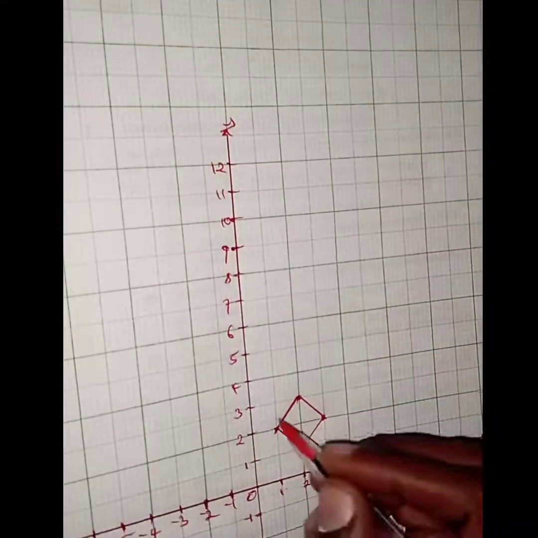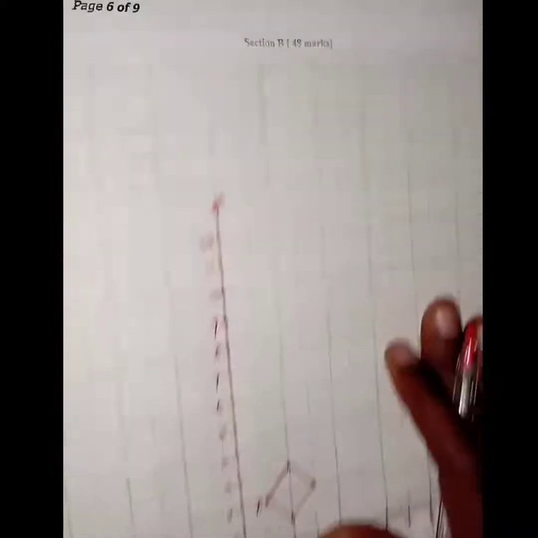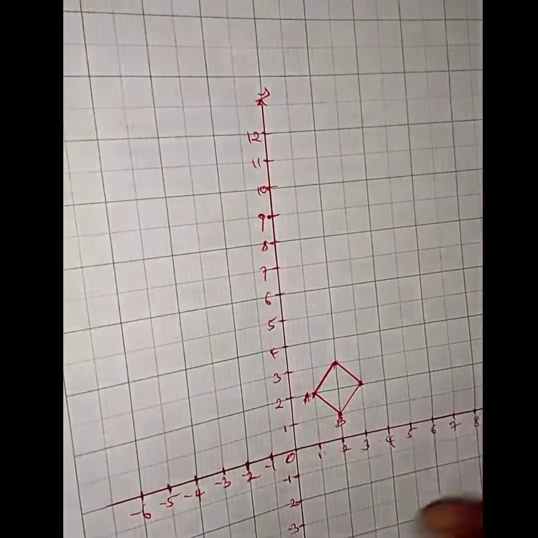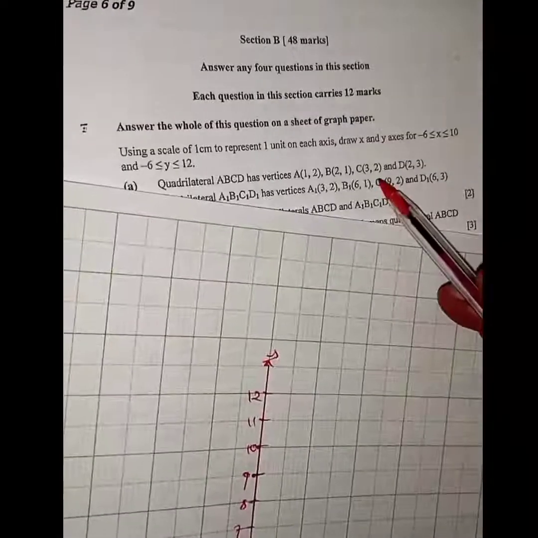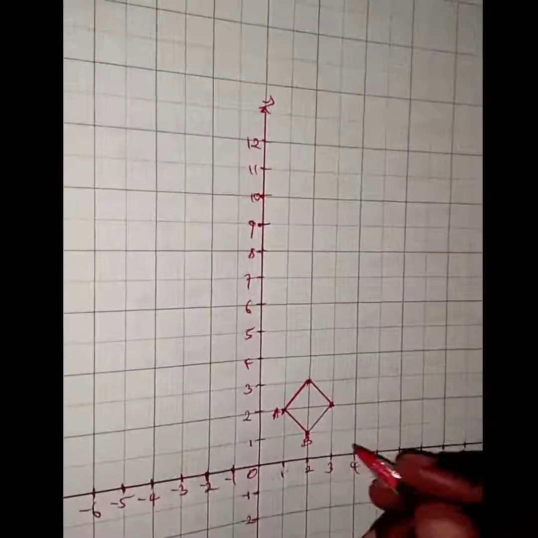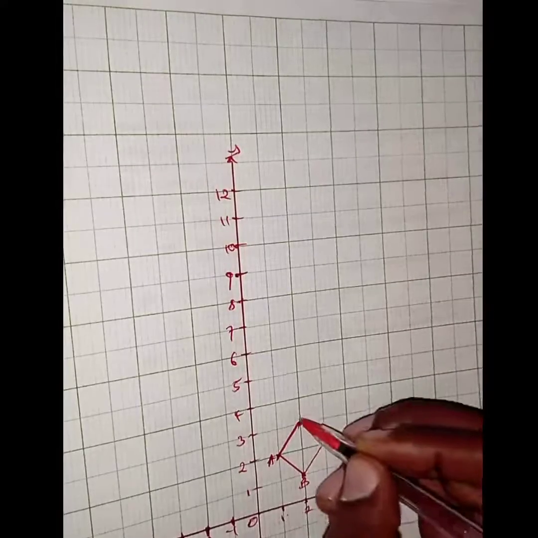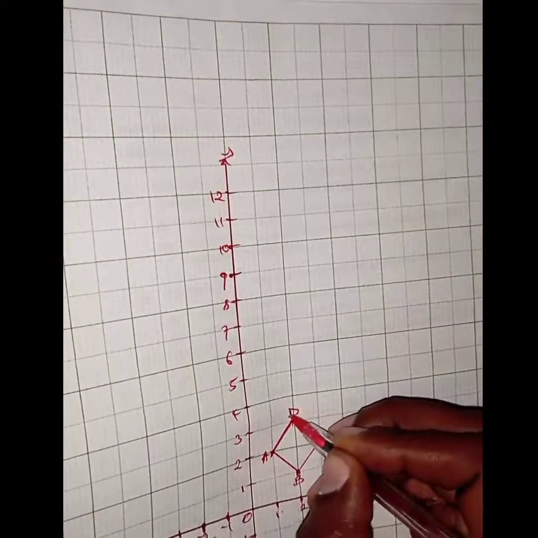So (1, 2) was here. That's your A. (2, 1) was here. That's your B. (3, 2) was there. That's your C. (2, 3) was here. That's your D.